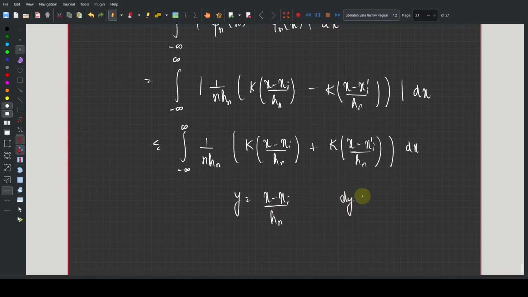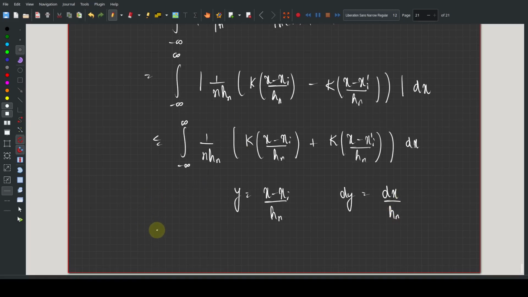So dy equal to dx by hn. So this above quantity is less than or equal to the integral from minus infinity to plus infinity of 1 by n times k of y plus, okay, if I use a y prime for (x minus xi prime) by hn, k of y plus k of y prime dy.